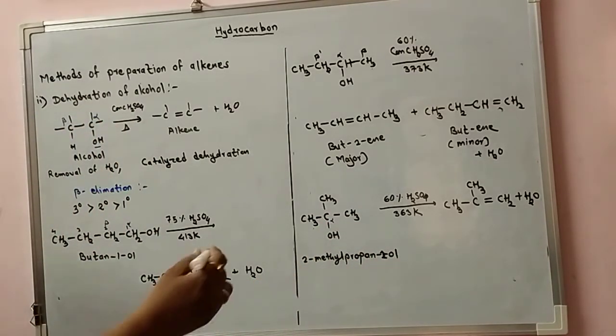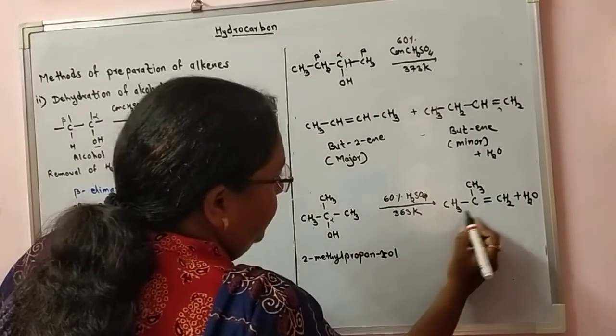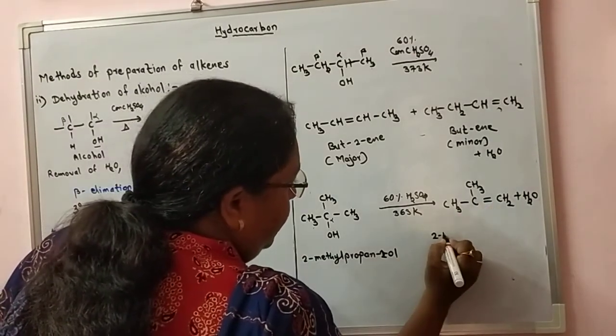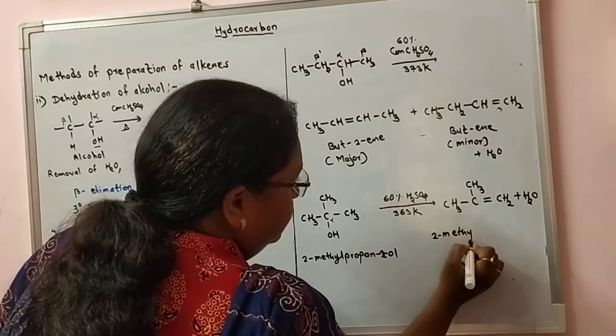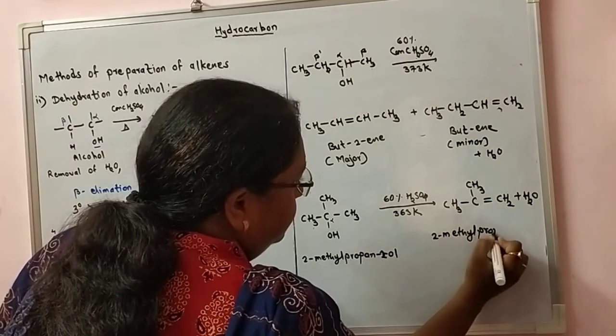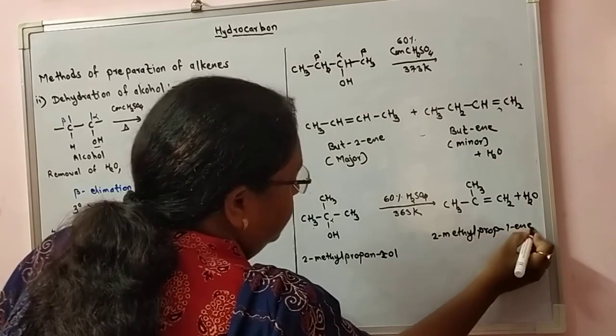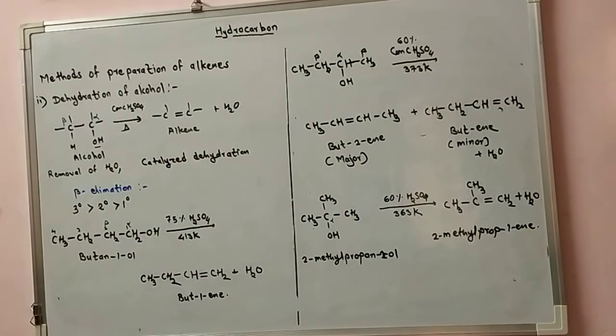Here only one product is obtained. Here it is 2-methyl prop 1-ene. So 2-methyl propane 2-ol gets converted to 2-methyl prop 1-ene. So this is the reaction.